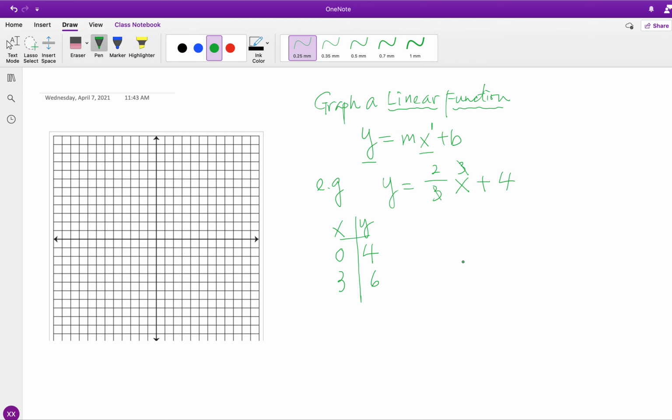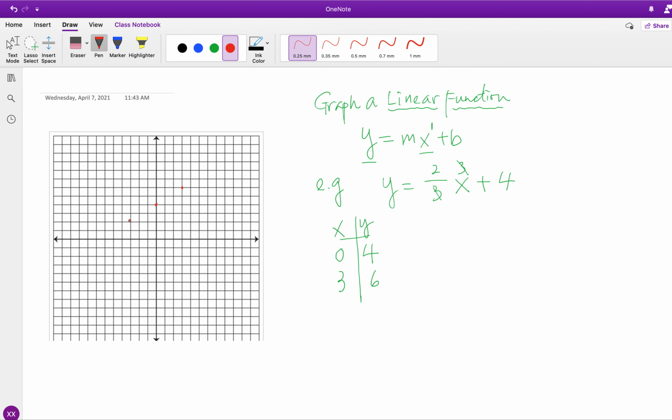In this case, I'm just going to plot these 2 points. One is 0 and 4: 1, 2, 3, 4 right here. And the next one is 3 and 6: 3 here, 1, 2, 3, 4, 5, 6. Another dot is here.